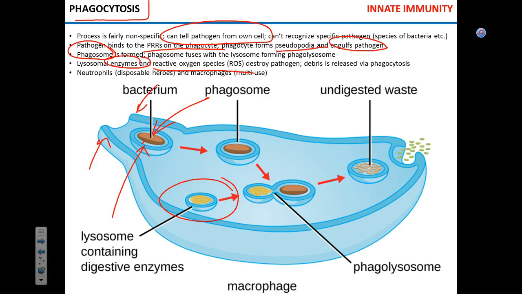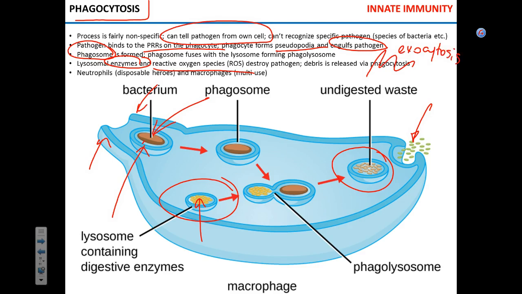So when the phagosome fuses with the lysosome, the lysosomal content, these yellow granules, essentially destroys the pathogen. Whatever is not destroyed, whatever is waste, is released from the cell by exocytosis. It should be not phagocytosis, exocytosis.